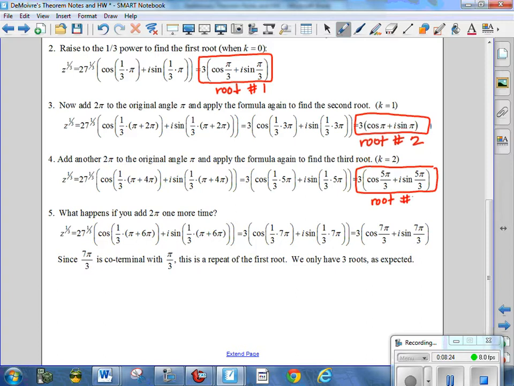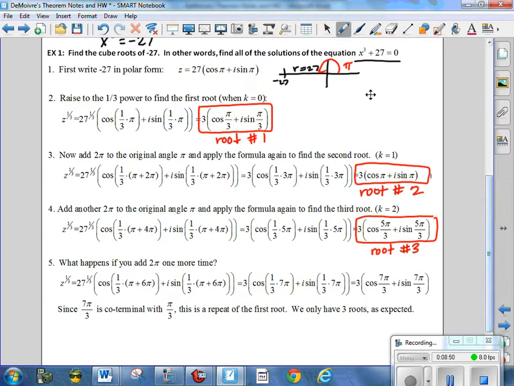Now, just out of curiosity, what happens if I do this a 4th time? What happens if I add 6 pi now instead? Well, it turns out I end up with 1/3 of 7 pi, which is 7 pi over 3, but 7 pi over 3 is 6 pi over 3, which is 2 pi, plus another pi over 3. Basically, this is the same angle. 7 pi over 3 is all the way around the circle and back to pi over 3.